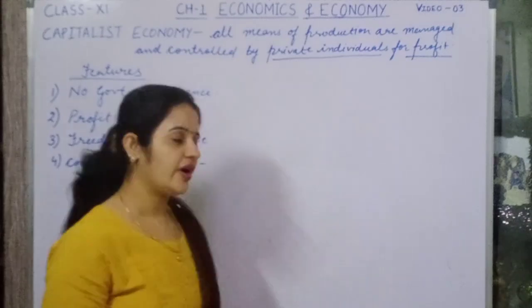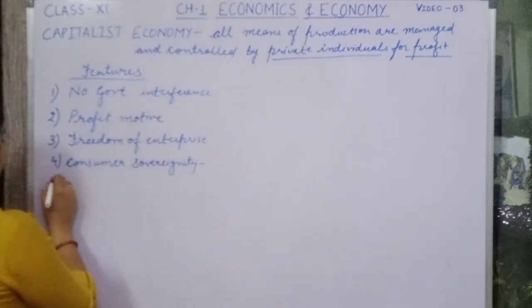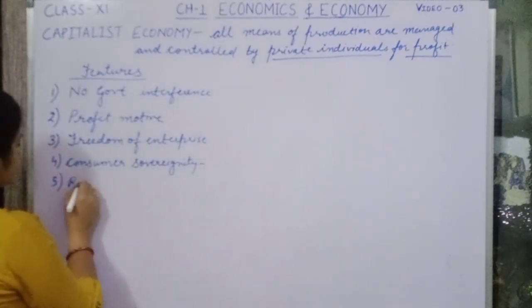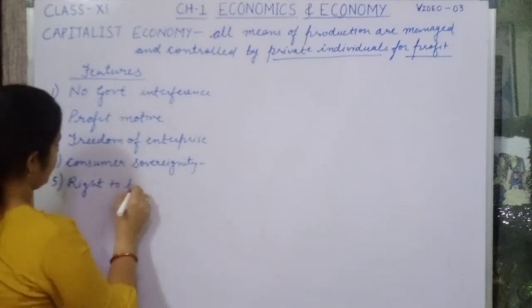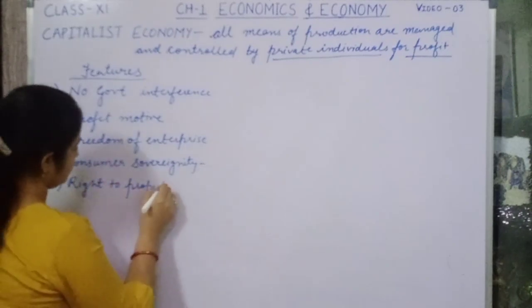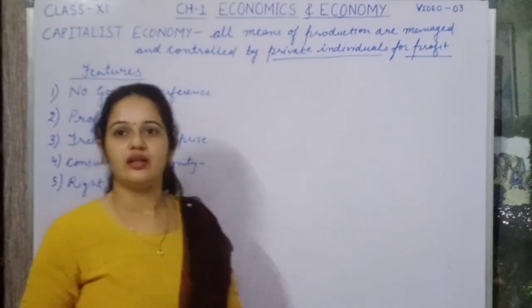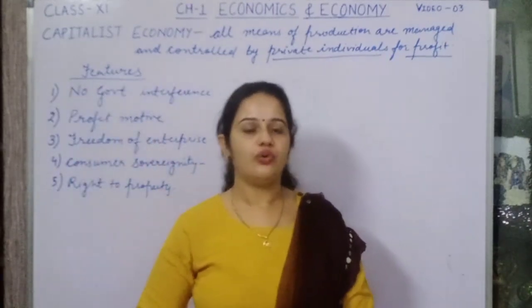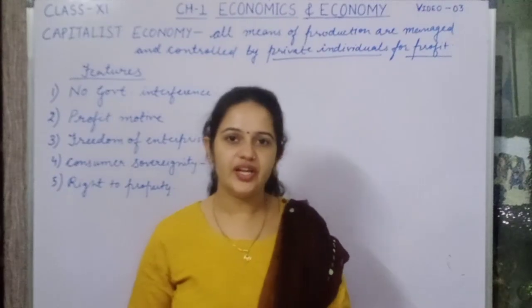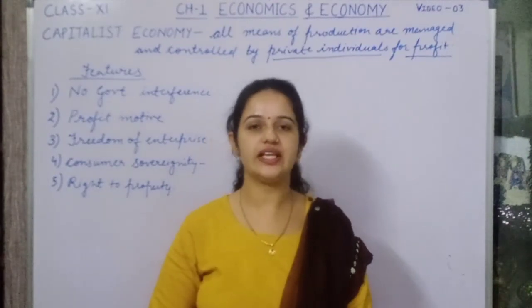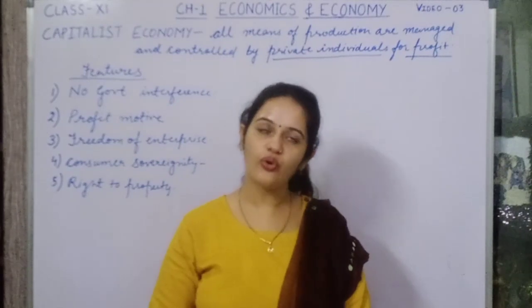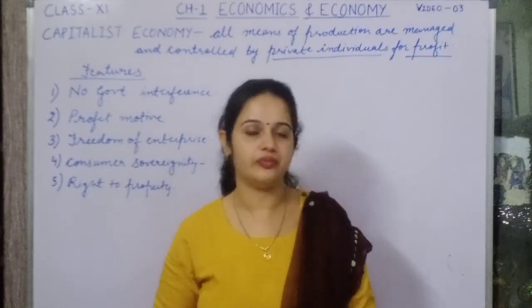Next point is right to property. As the ownership is in the hand of private individuals or private hand, therefore the individuals in the economy can own their private property too.